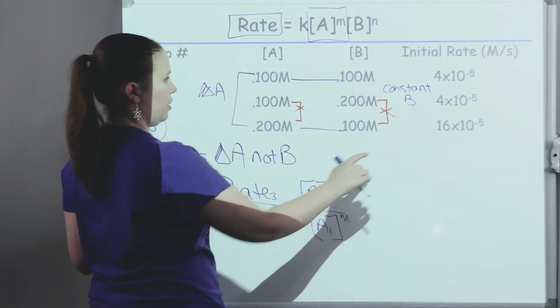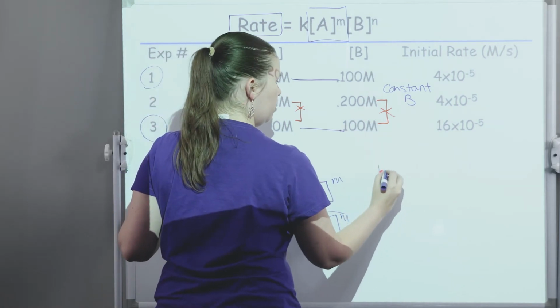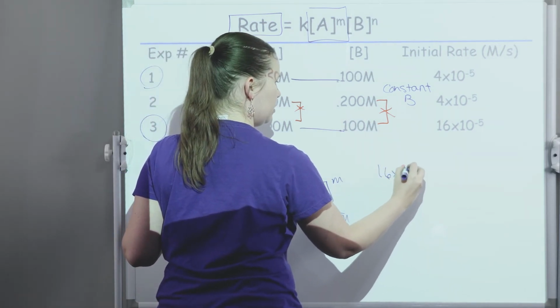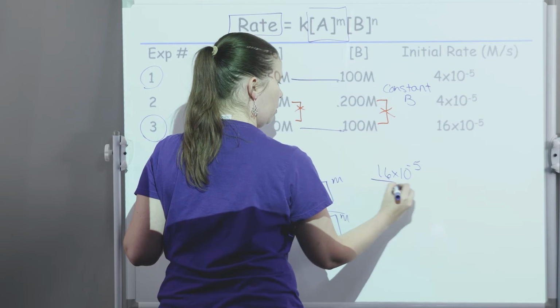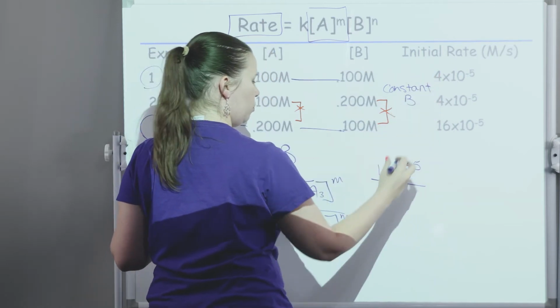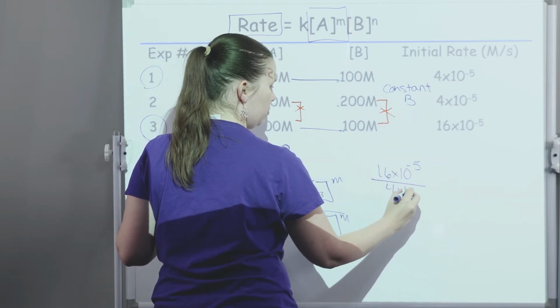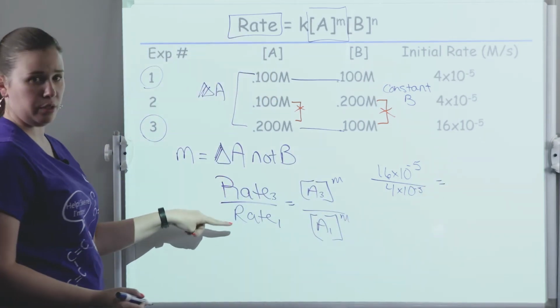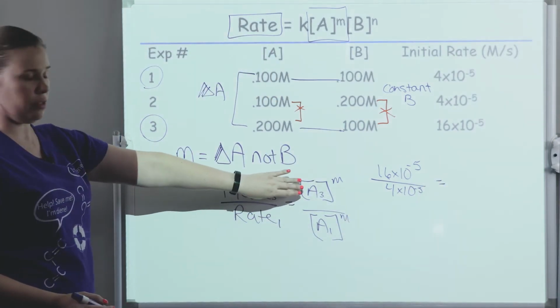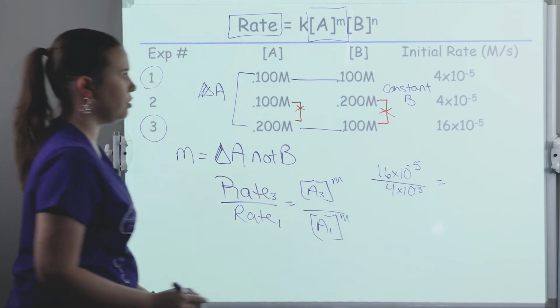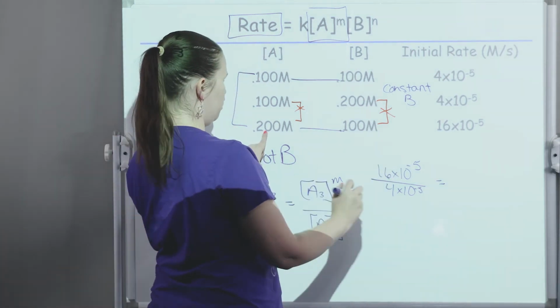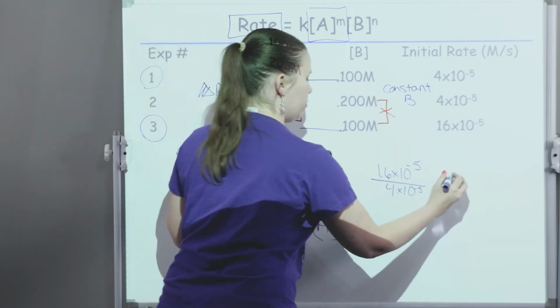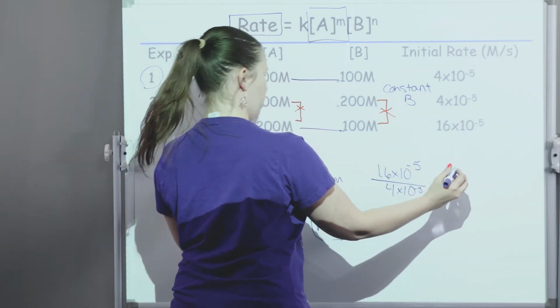So let's start plugging that in. The rate for number 3 was 16 times 10 to the negative 5th over the rate for number 1, 4 times 10 to the negative 5th. So it's rate 3 over rate 1. Now I'm going to put concentration of 3 over concentration of 1. So the concentration for the third one, for A, finding M, is 0.200.